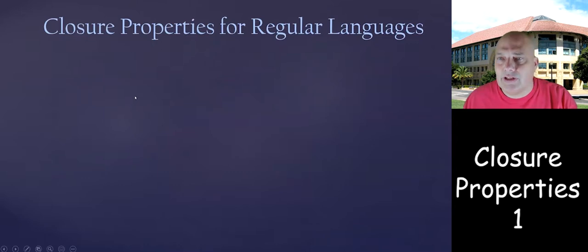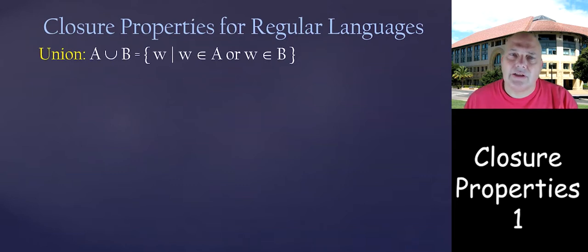So here are the properties we are going to discuss. Assume that you have two languages, A and B. We can define the union of these languages, or strings that are either in A or in B. So the union of A and B is subsets, right?